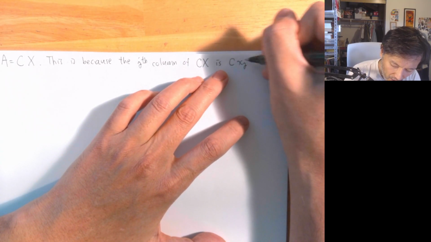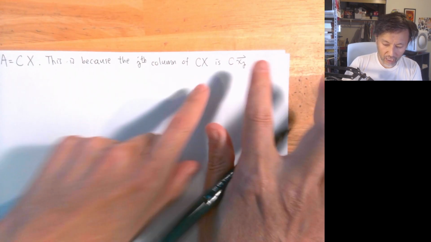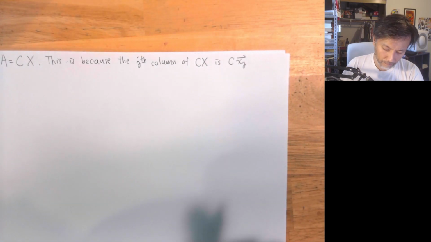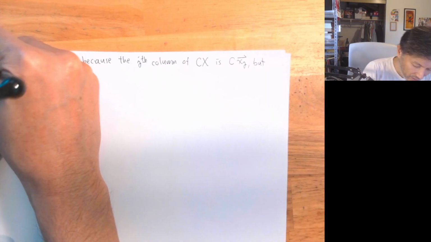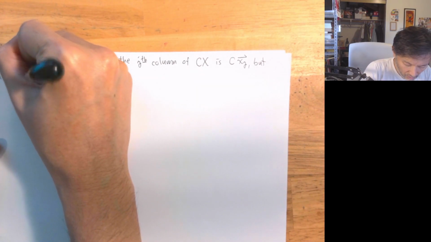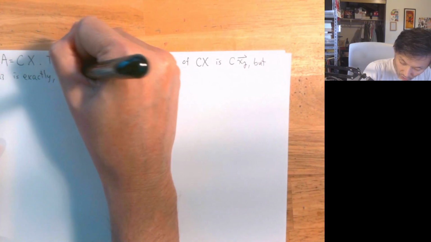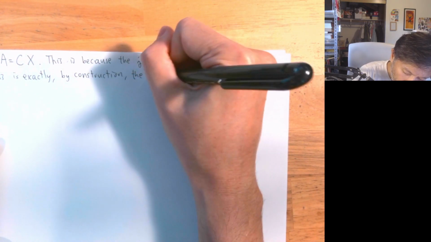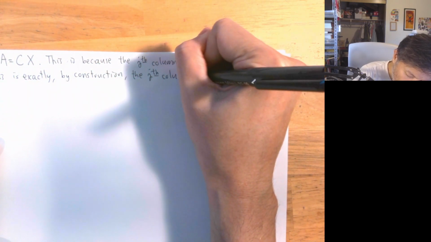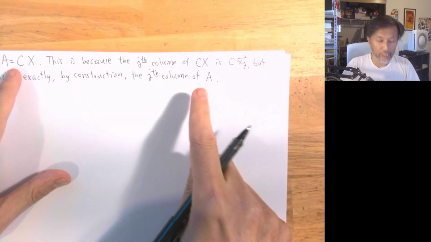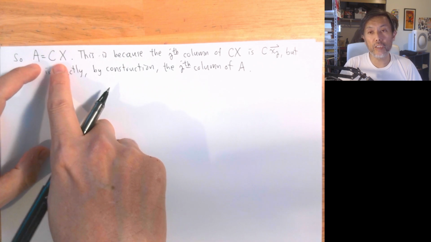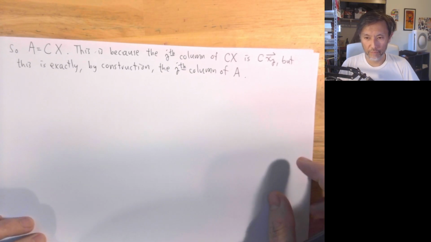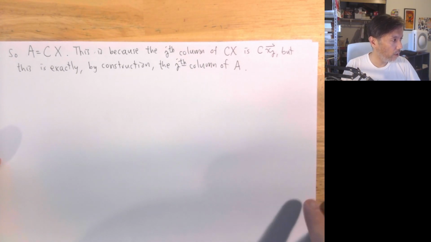This fact that the jth column of CX is C times X sub j came from this discussion up here. And then, by construction, it is the jth column of A. So what I'm saying is that this is true because these matrices are column by column equal to one another. Okay, great.